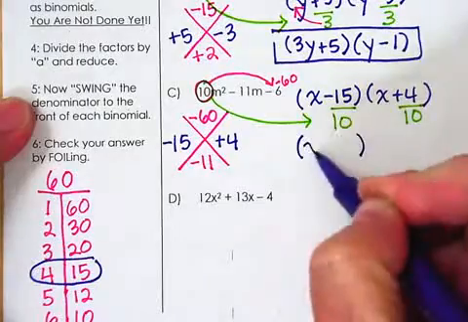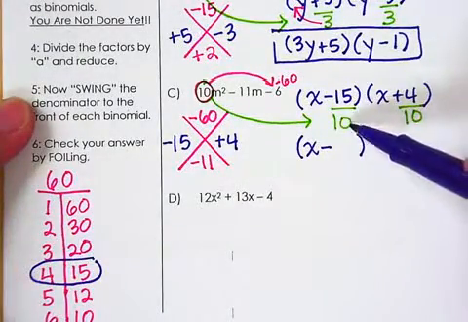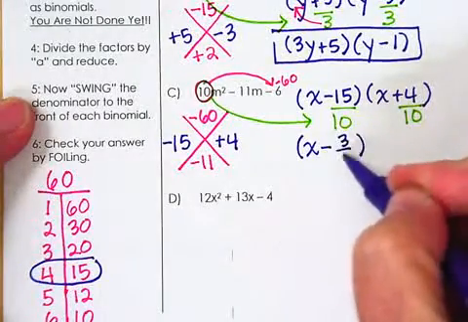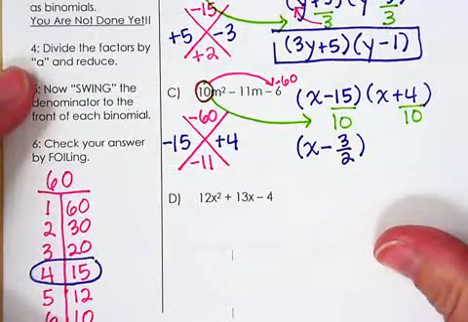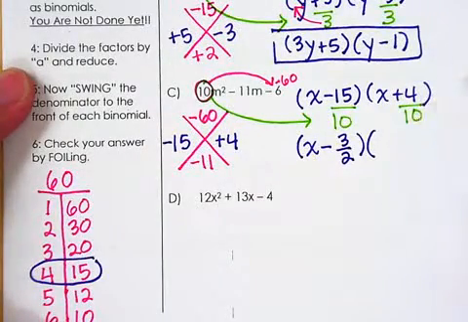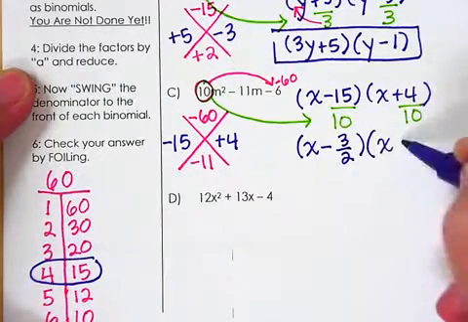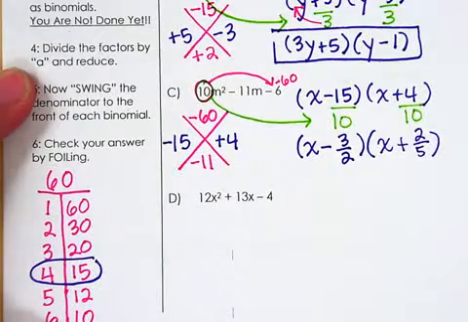So I look at the 15 over 10. I can divide both those numbers by 5, so that gives me 3 over 2. I'm just reducing that fraction. 4 over 10, I can divide both of those numbers by 2, so that becomes 2 over 5. So let me just make a note. I reduced here.